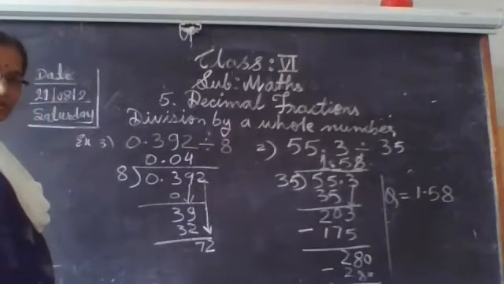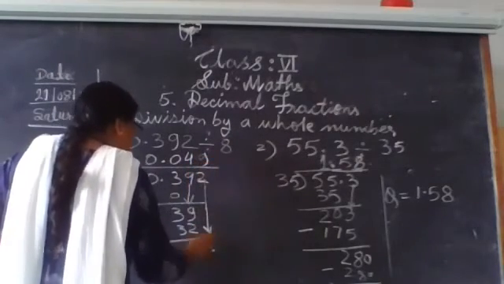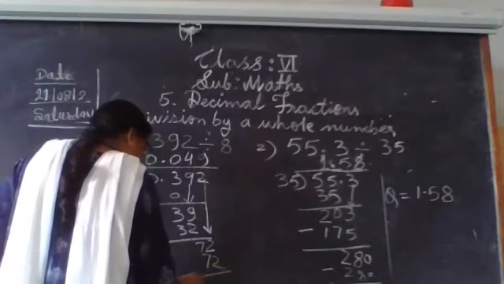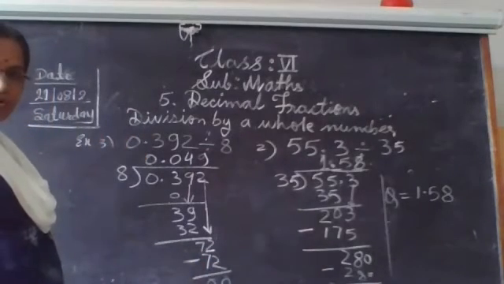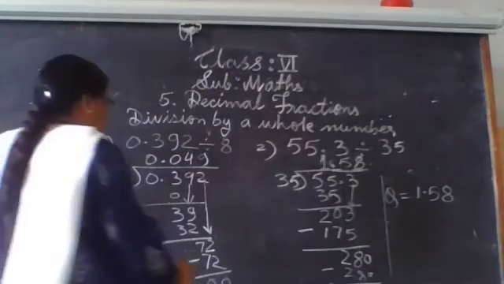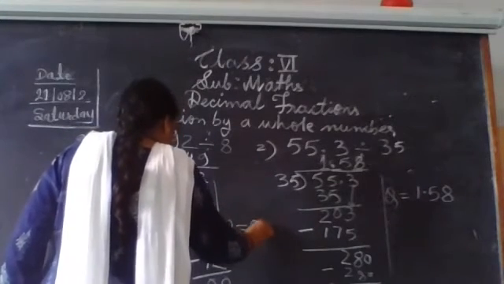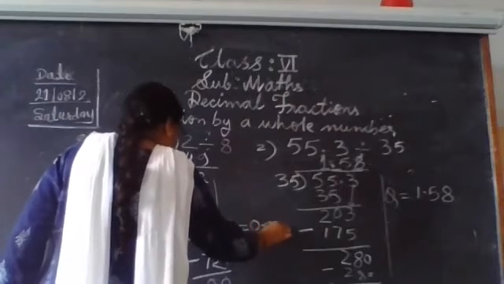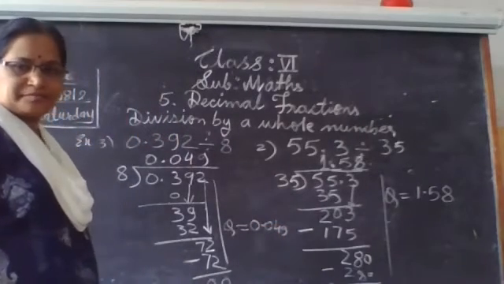Okay. And 8 9s are 72. Got it, children? So here our quotient is 0.049. Got it, children?